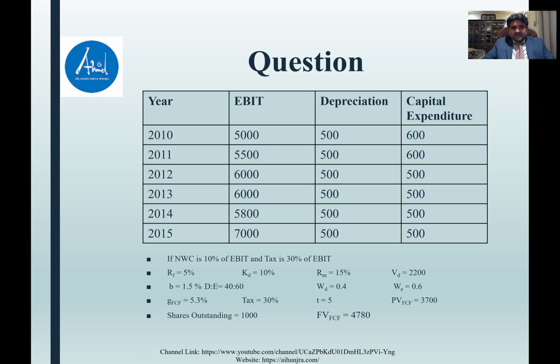Shares outstanding in the market are 1000. So here I will explain these parts. As we know, future value is always greater than present value. Why did we take the data of 5 years? So if I am required to find the change in net working capital.